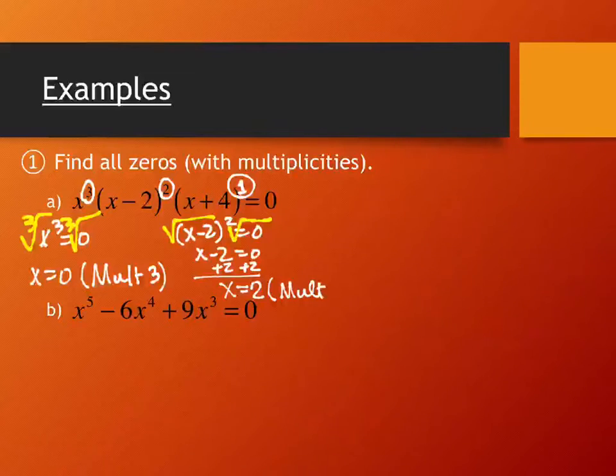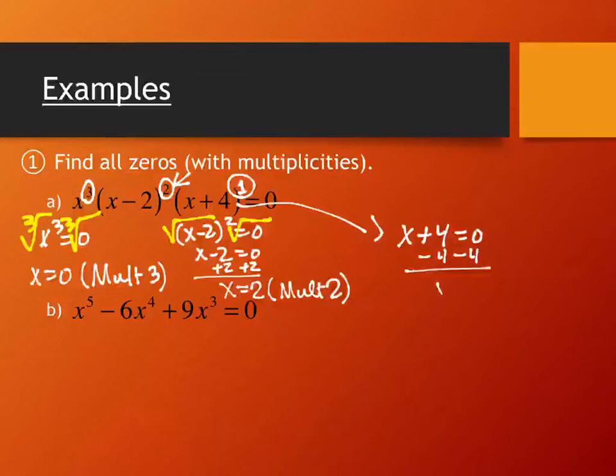The power up here was a 2, right? So there are 2 times when x is equal to 2, because it's x minus 2 squared. And then the last one is x plus, was it plus? Yeah, x plus 4. I will subtract my 4. X is equal to negative 4. And what's its multiplicity? 1, because it's only got a power of 1.